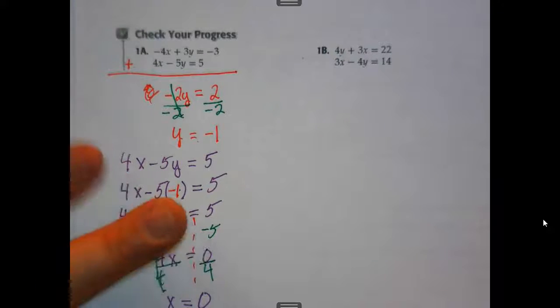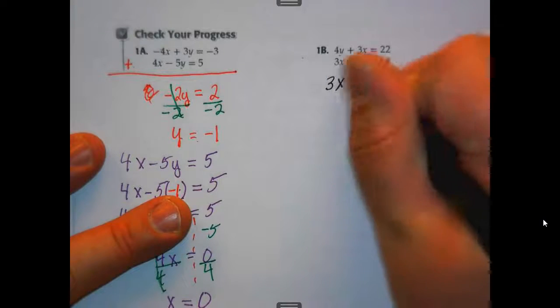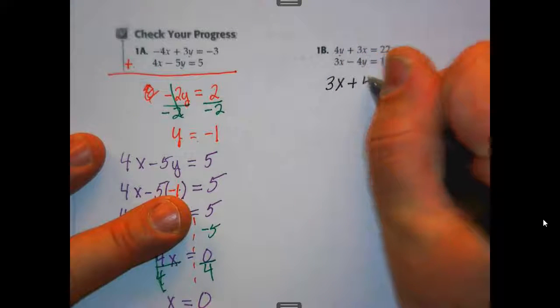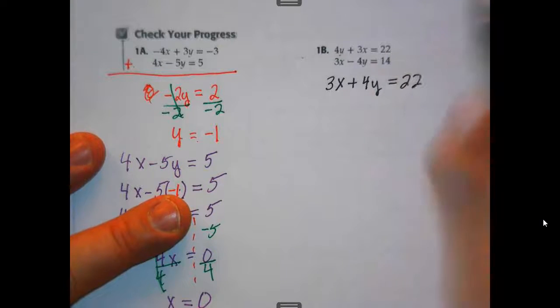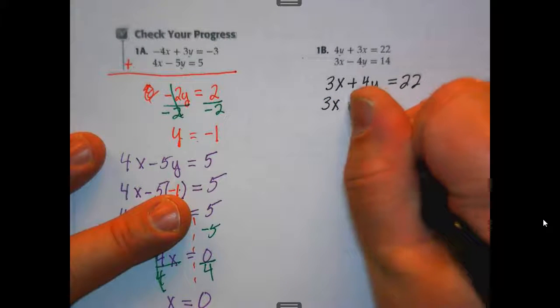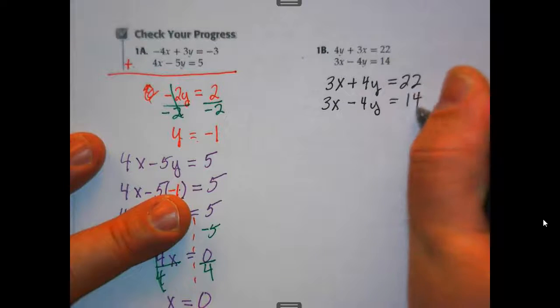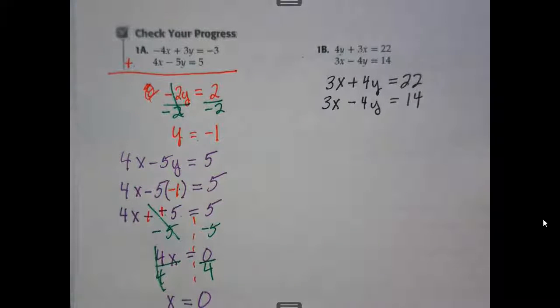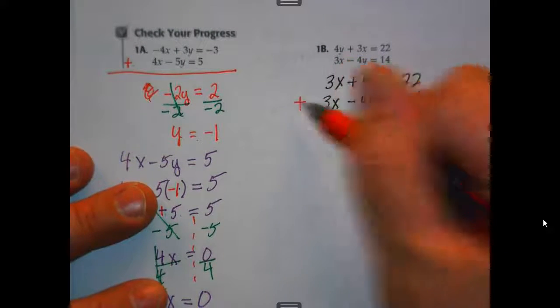Write these and put them in order. So I'm going to put my 3x first, plus 4y equals 22. And I'm just going to leave the bottom one: 3x minus 4y equals 14. Step 2, go ahead and add them. Because I have a plus and minus here, it's going to eliminate the y's. So let's add them.